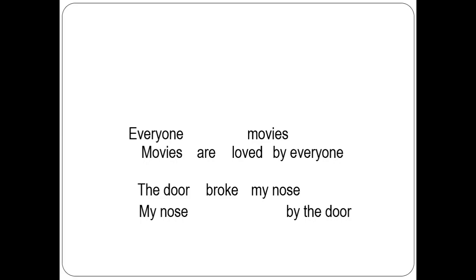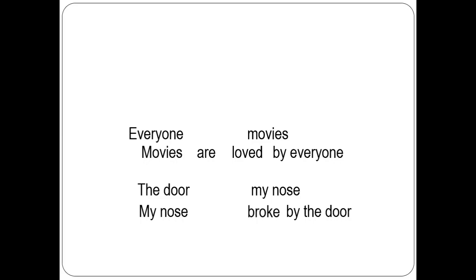So when I say superficial, it means on the surface. On the surface, it looks like the object, but if you look at the construction, it is still the subject. And my nose superficially looks like the subject, but when you look deeper into the sentence, it is actually the object. And you can tell by the way the verb changes.